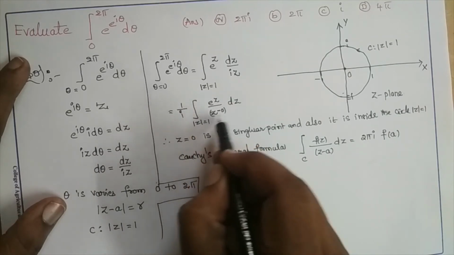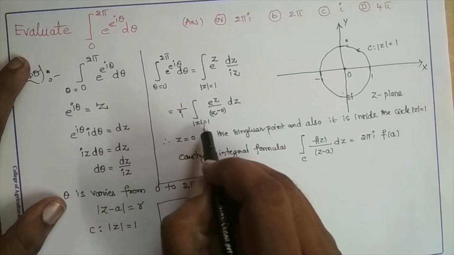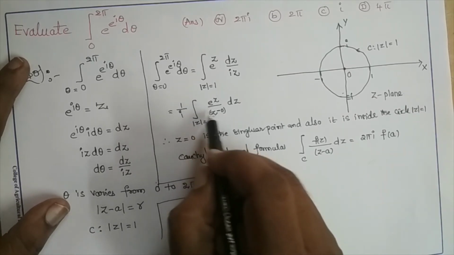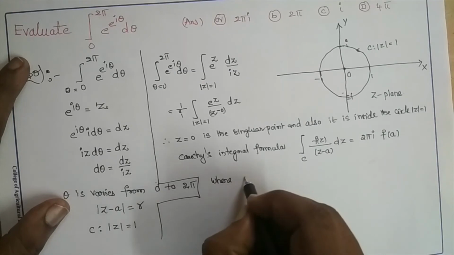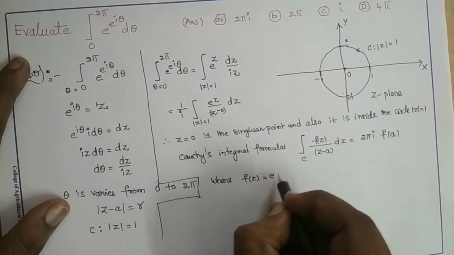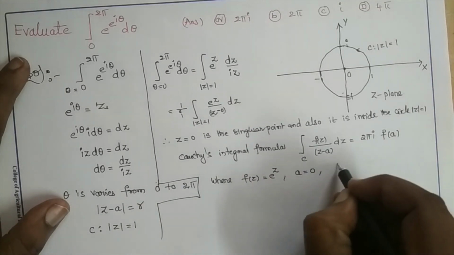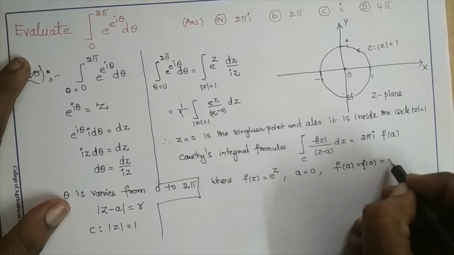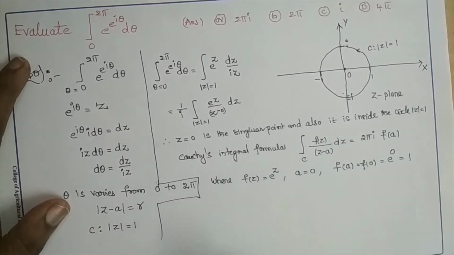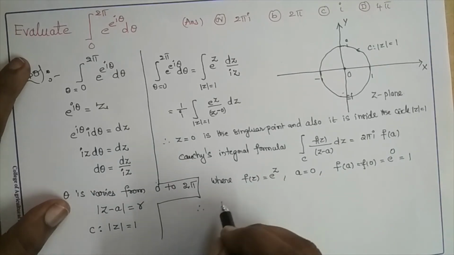So it is in the form of f of z by z minus a dz over C. Now we apply this, where f of z is equal to e power z and a is equal to 0. What is the value of f of a, that means f of 0? e power 0 is equal to 1. So apply this formula to our original problem.